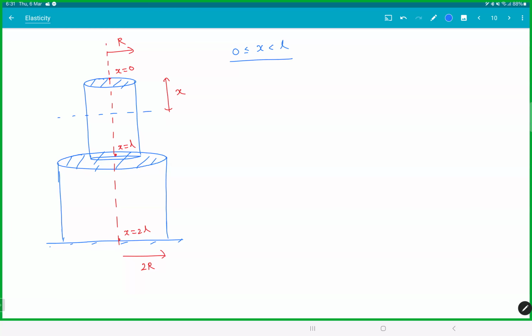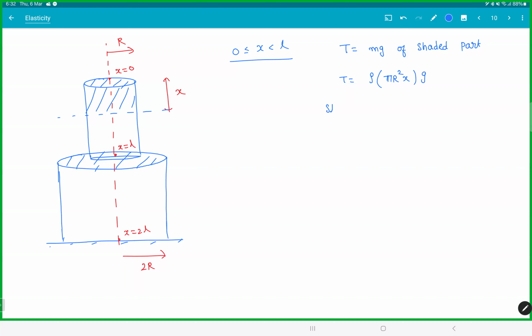So if you take only till here, what is the tension at this part? This entire shaded area, isn't it? The tension of this part will be only the weight of this piece on the top. So tension T will be mg of that shaded part, which is density times area pi r square times x times g.